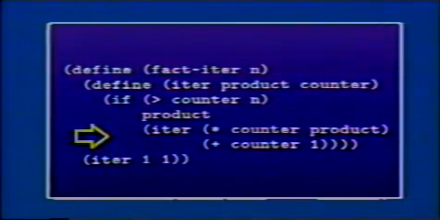But now think about this exact same text if we had a normal order language. What would happen is this would no longer be an iterative procedure. And if you really think about the details of the substitution model, which I'm not going to do here, this expression would grow. Why would it grow? It's because when iter calls itself, it calls itself with this product. If it's a normal order language, that multiplication's not going to get done. It's going to say, I'm going to call myself with a promise to compute this product.